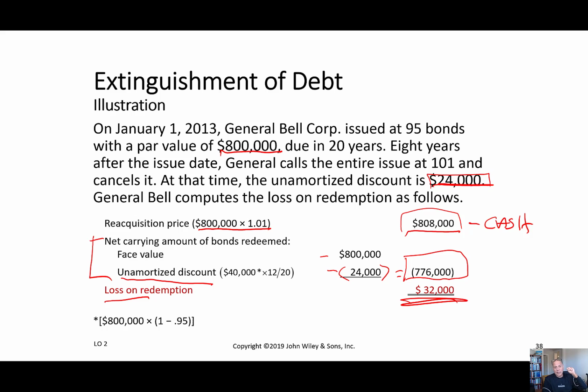They want to get those bonds off of the market so they can now pay a lower interest rate. Okay, but you could have a gain if you're calling that bond as well. It doesn't have to be a loss. If the amount that you're paying is less than the carrying amount of the bond, then you would have a gain. Okay, all right, good.